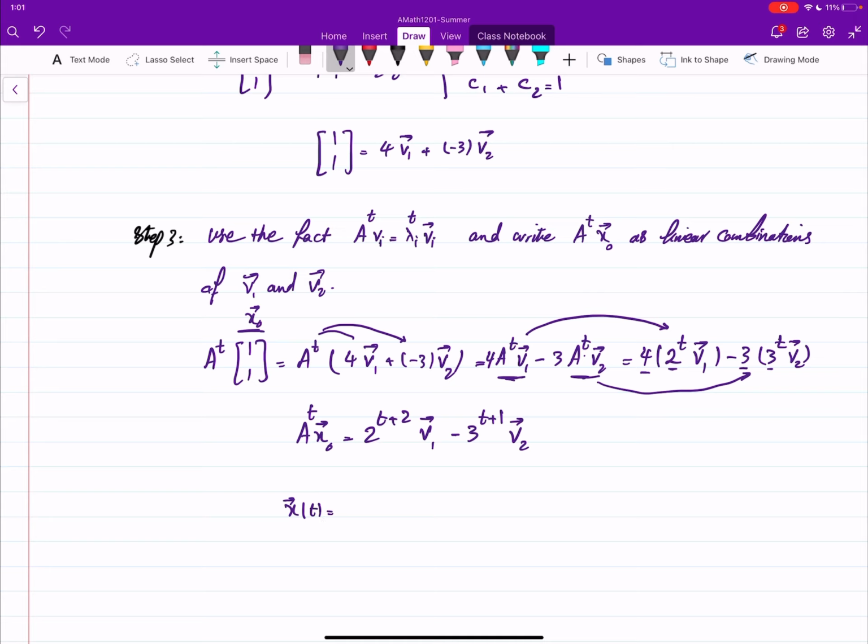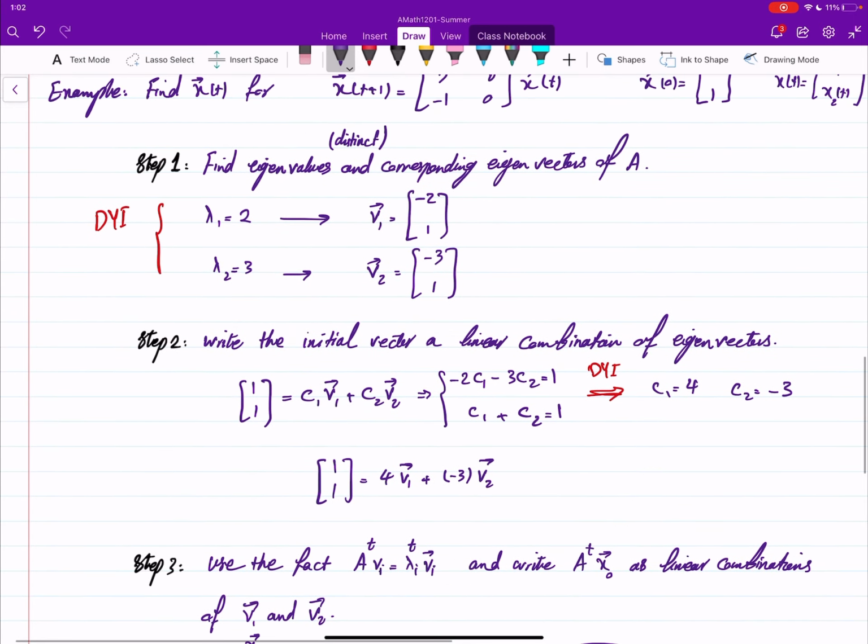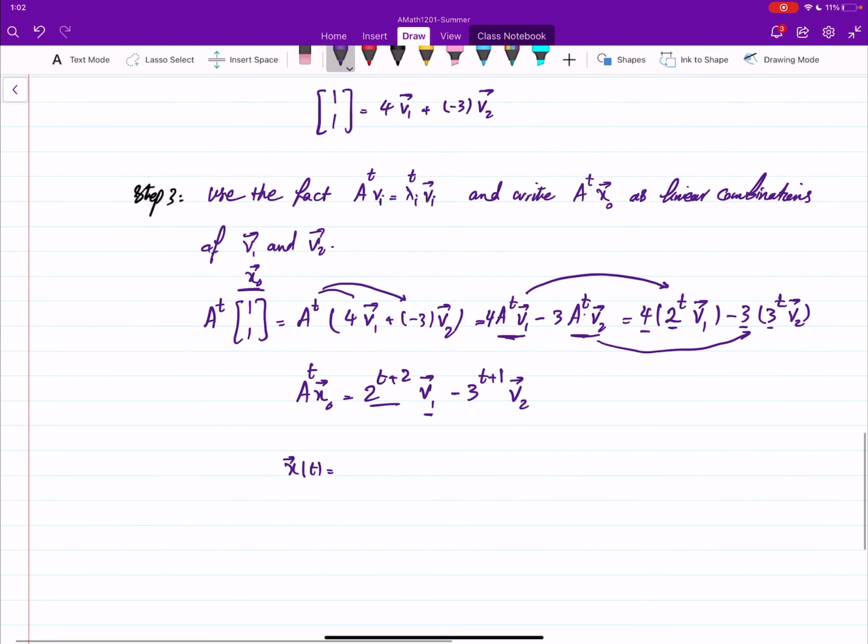And if you plug in what was V1, remember that V1 was negative 2 and 1, so you multiply 2 to the power t plus 2 by negative 2 and 1.